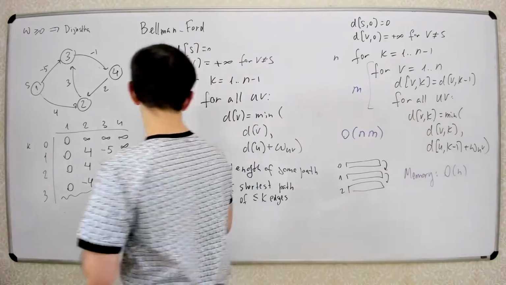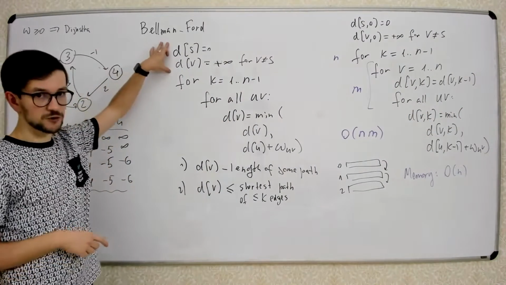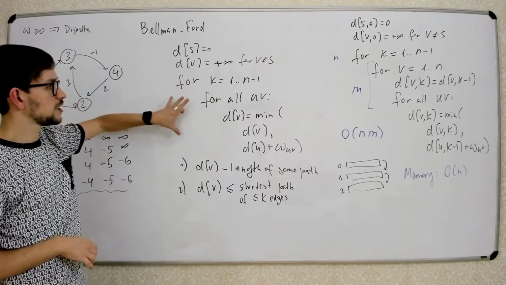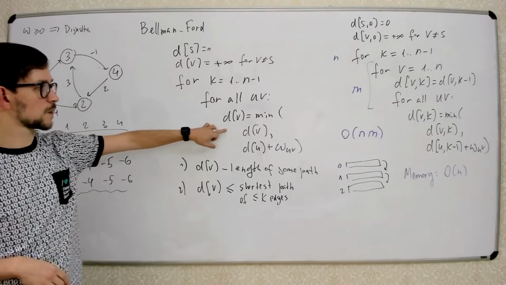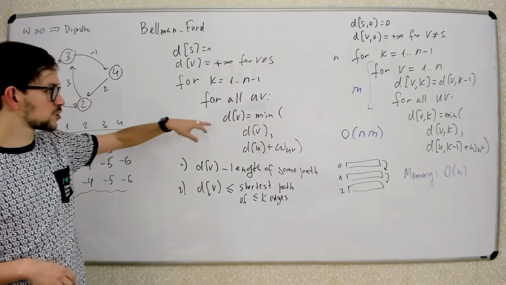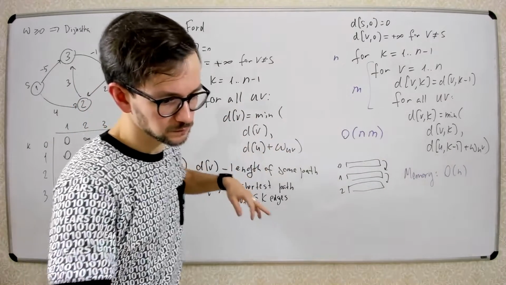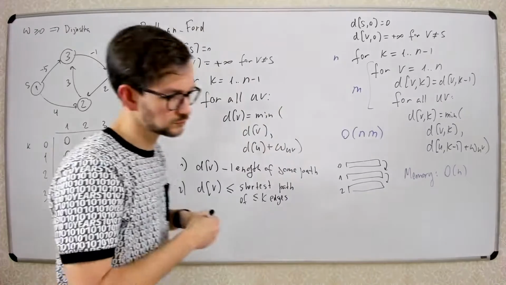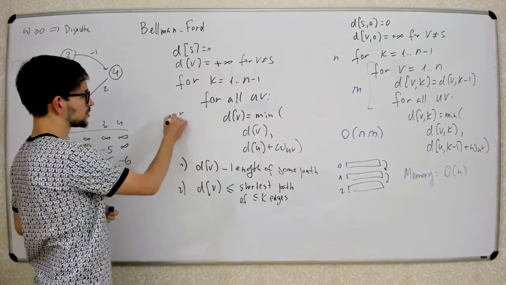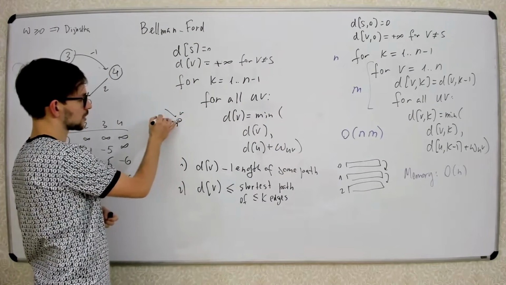Again, on iteration 0 it's correct. In each next iteration, here we will iterate over all edges to node V. So for node V, we iterate over all ingoing edges.